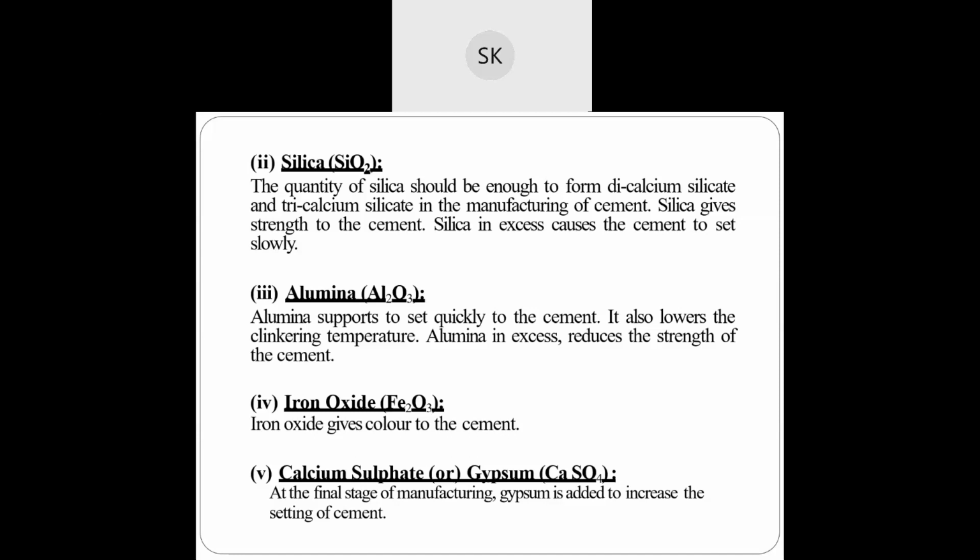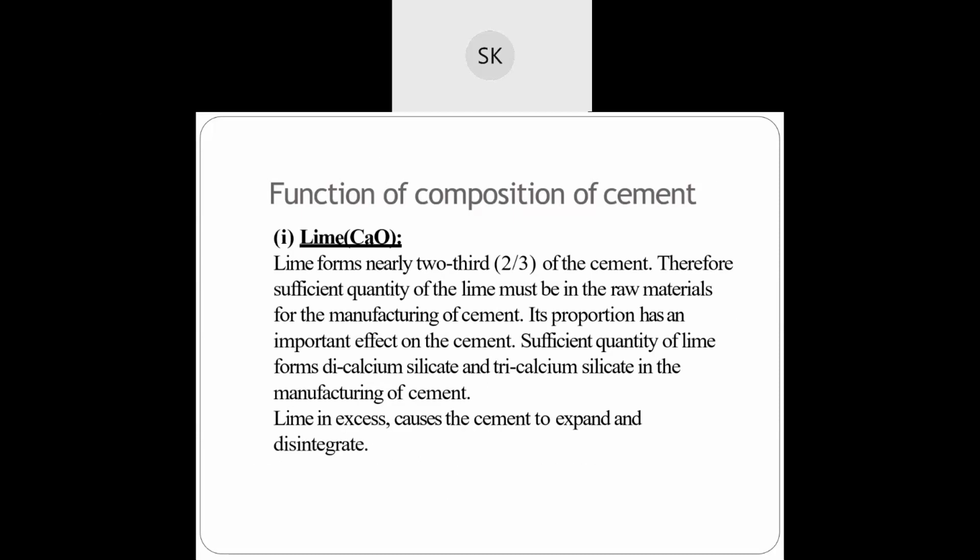Every material has its disadvantage, and each disadvantage is different. If silica is in excess, it will set the cement slowly. If alumina is in excess, it will reduce the strength of the cement. If lime is in excess, it will expand the cement and cause it to disintegrate.